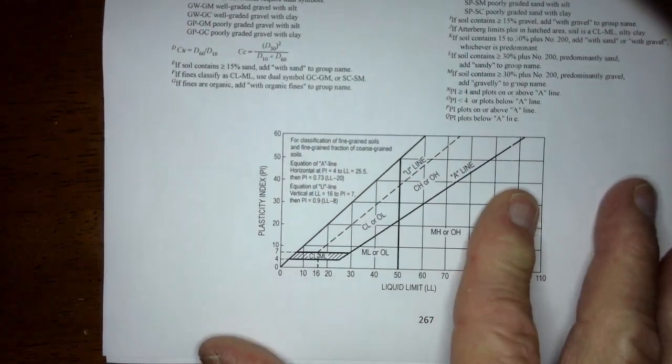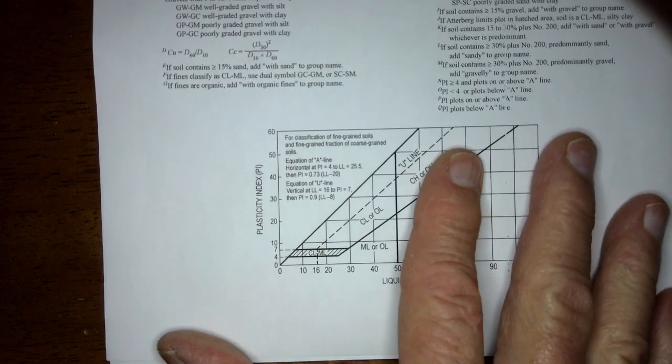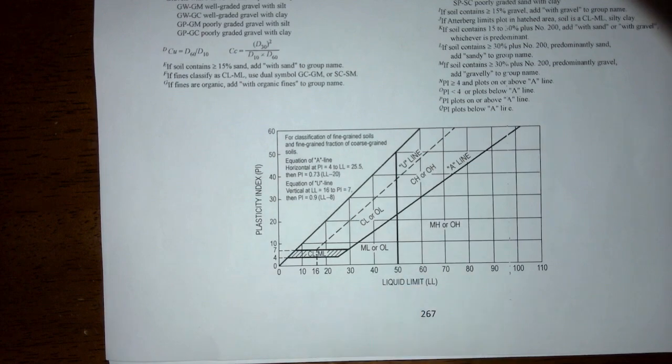This comes with the unified soil sheet we were looking at, but this is another part of the classification process. When you get through with all that mess, this has to do with classifying your soil.